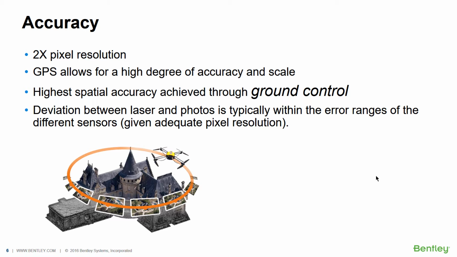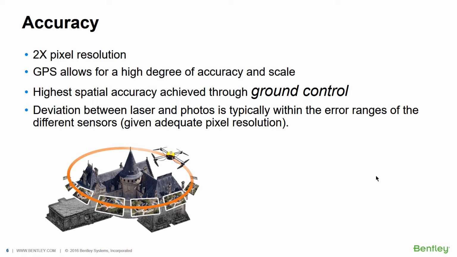Obviously, if you get close up, you get much better accuracy. The farther away you are, the less accuracy you have. The accuracy is also enhanced, however, through the use of GPS information. This allows for even better, not only spatial location, but actual accuracy of the objects relative to each other.